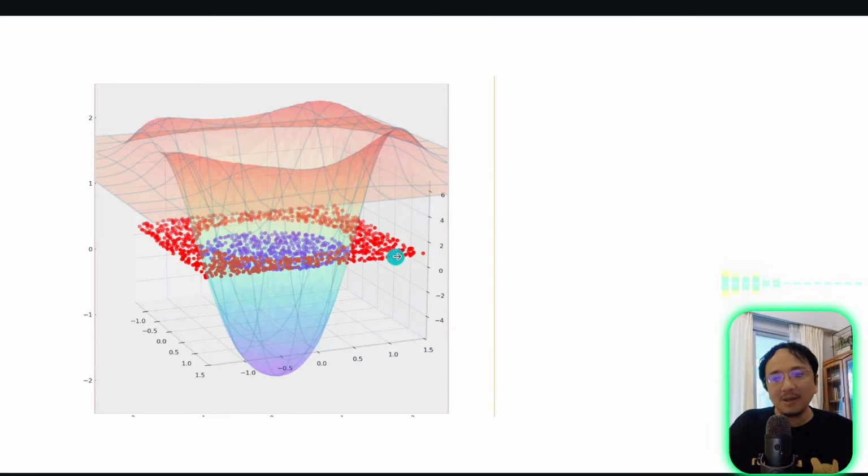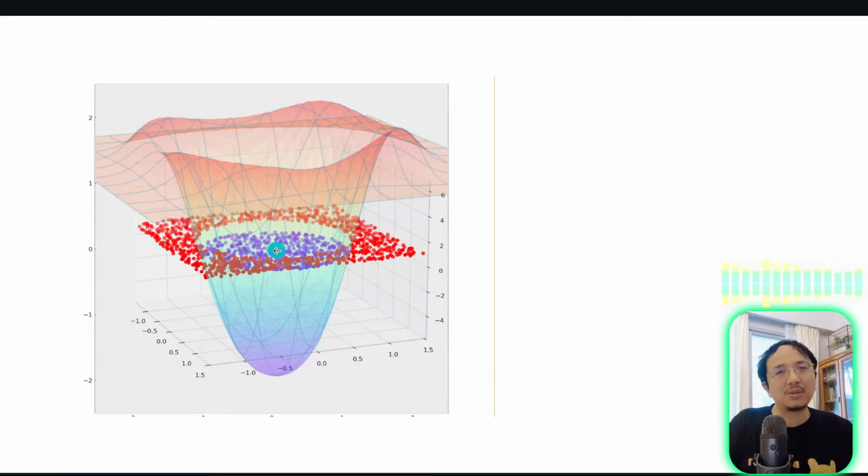So you can see that the red samples are above z equal to 0 because they have a value of 1, and the purple samples are on a plane that is lower than the plane that the red dots live in. And this is the line that separates them.